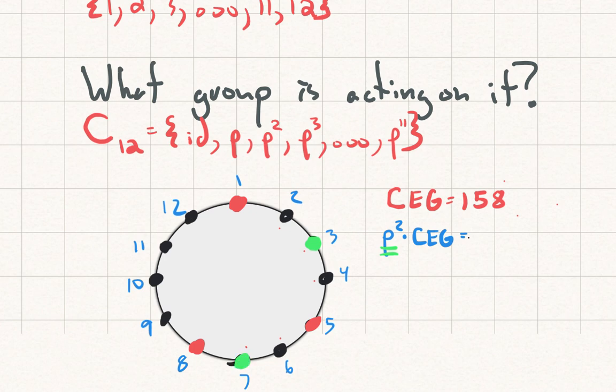So we get 3, 7, 10, which we can say in notes as D, F sharp, A. But my point is we want to count them as the same. They're just a major chord. Again, if you don't know anything about music, that's fine too. All we want to say is we can get from 1, 5, 8 to 3, 7, 10 by acting on that coloring via rho squared.